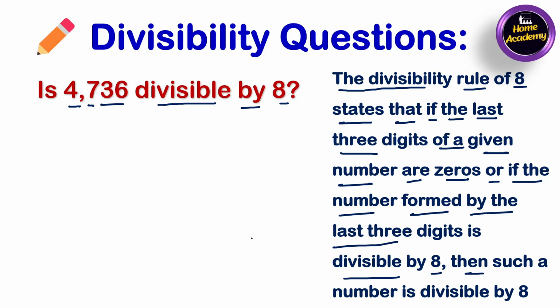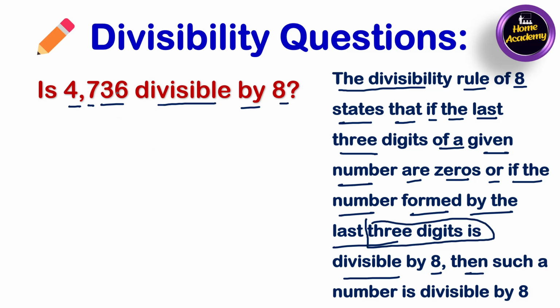So here are two conditions. First, the last 3 digits of a given number are 0. Here there is no 0, so no need to think about that. Now, such a number is divisible by 8 if the last 3 digits are divisible by 8.